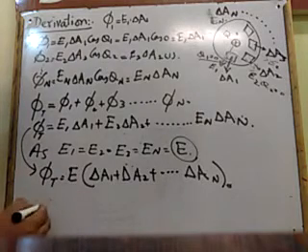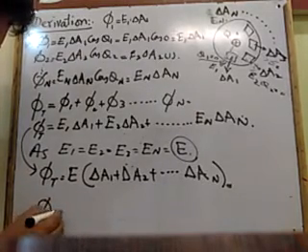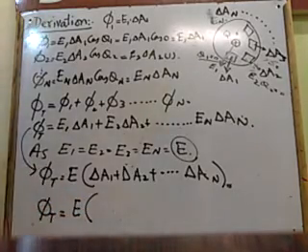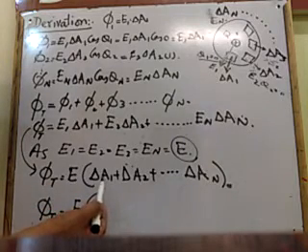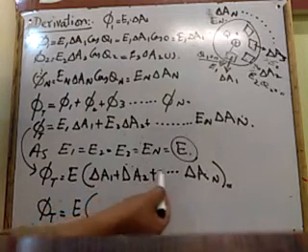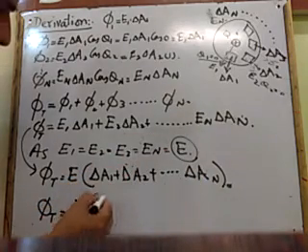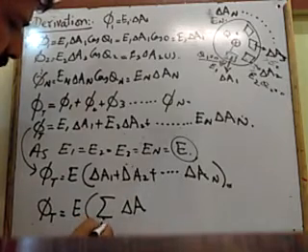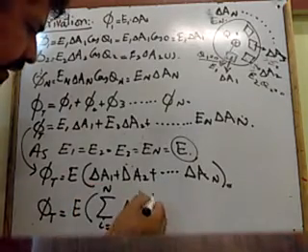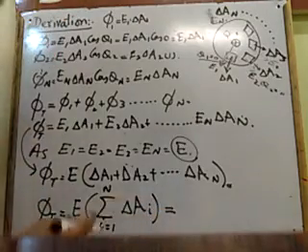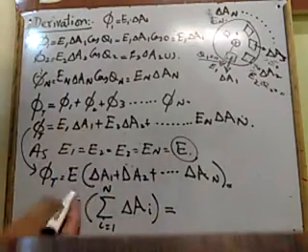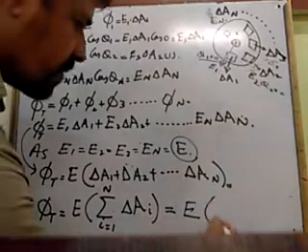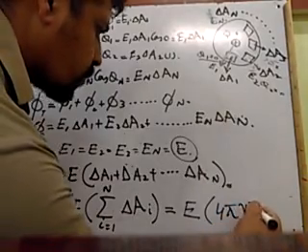I hope, students, that you will get this: E into, by adding up again the small areas of the sphere, the sum of all the individual areas, sum from i is equal to 1 up to n of delta Ai. Or simply, for a spherical surface, we can write this total sum of the area as 4 pi r square.